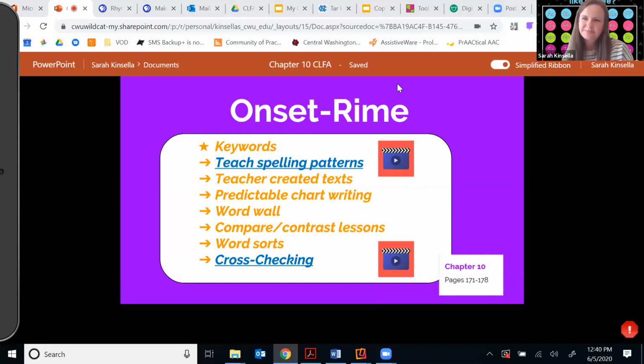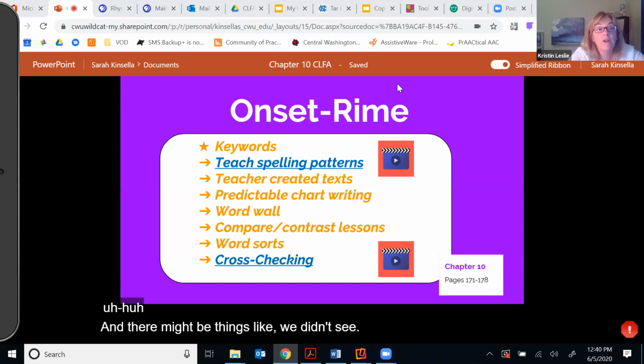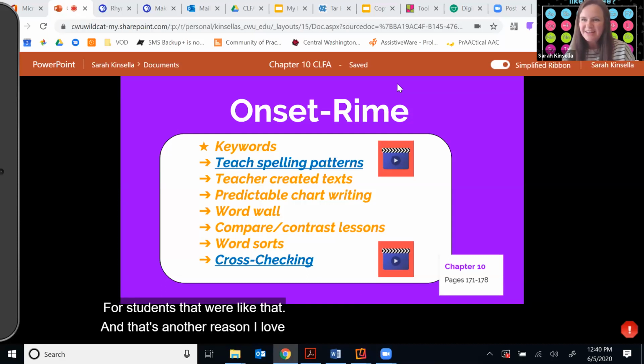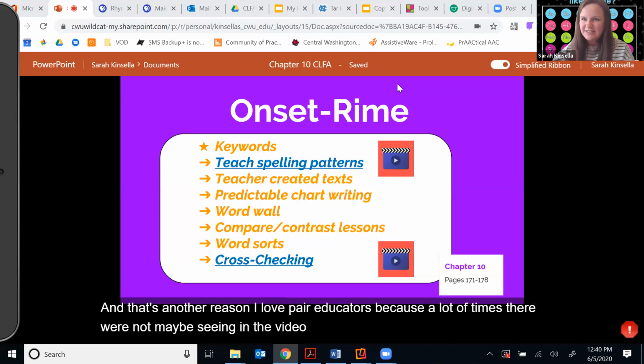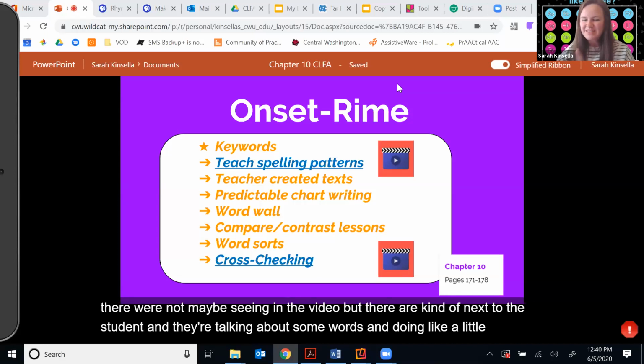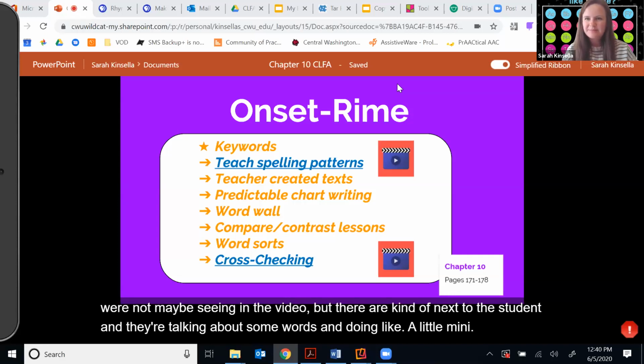And there might be things that we didn't see for students, right, going on at the desk. And that's another reason I love peer educators, because a lot of times we're not maybe seeing it in the video, but they're kind of next to the student and they're talking about some words and doing like a little mini scaffolding or lesson with them.